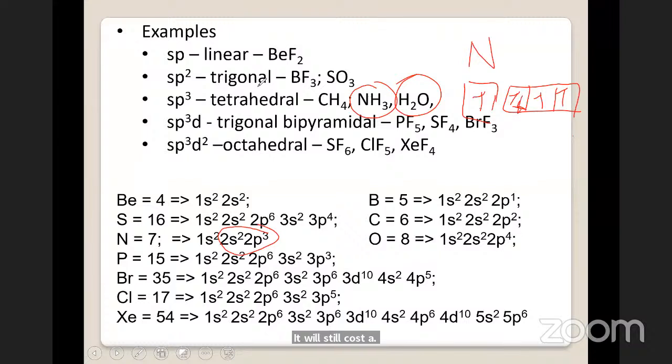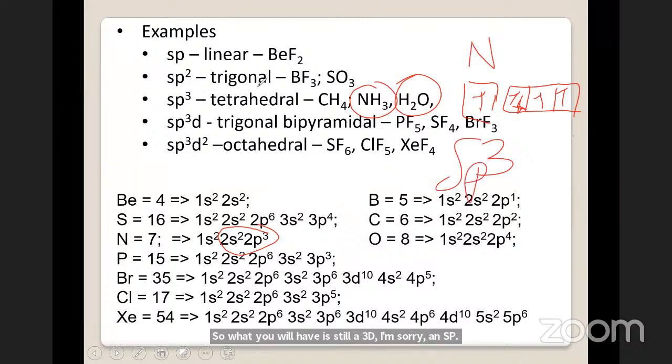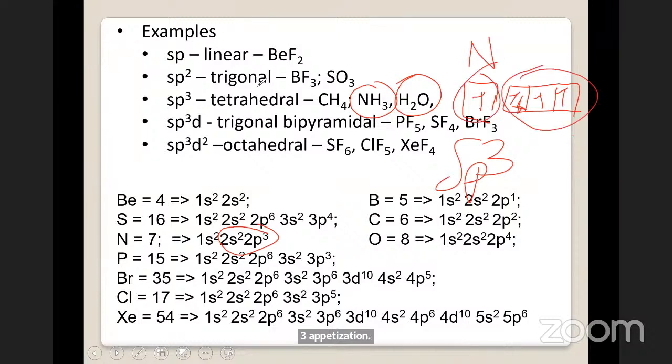So what you will have is still an sp3 hybridization. But in the case of this third one, instead of it being tetrahedral, it is expressed like that.